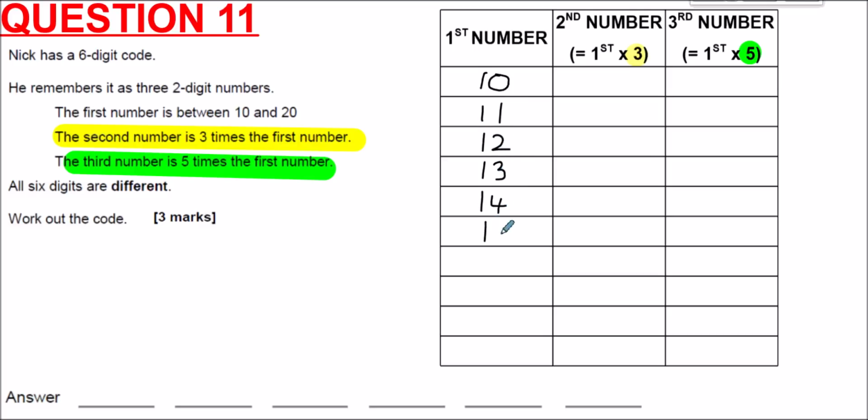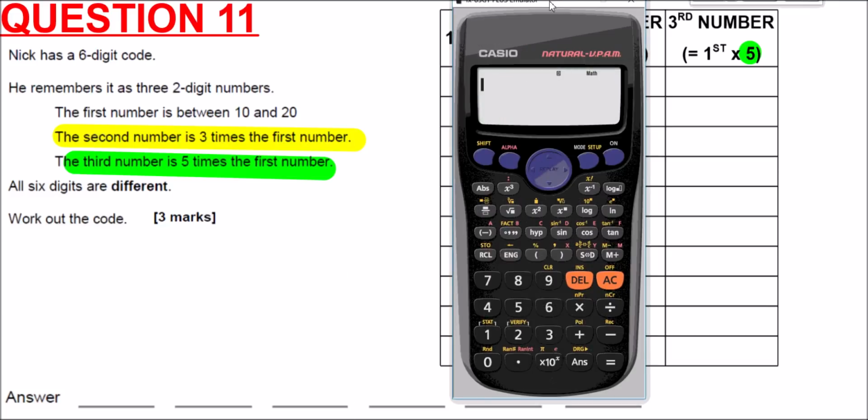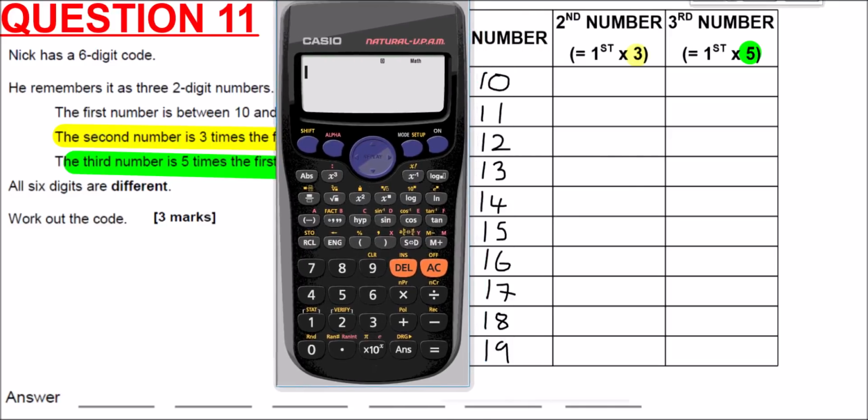We can just try the different numbers until we get the code that works. So if the first number was 10, the second number is going to be the first one times 3. And so if you get the calculator and just do that calculation, 10 multiplied by 3 would be 30.